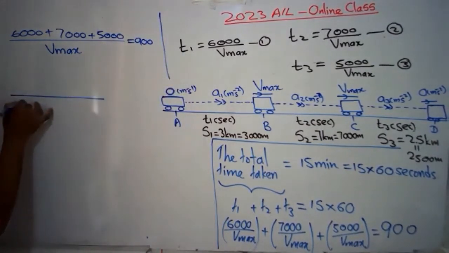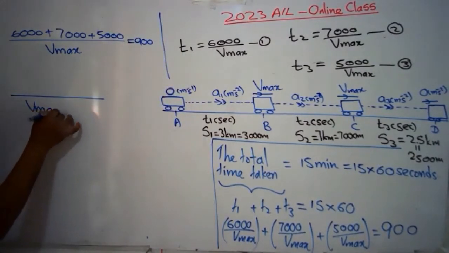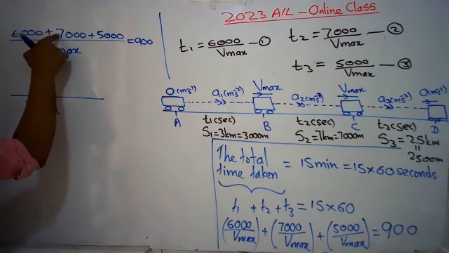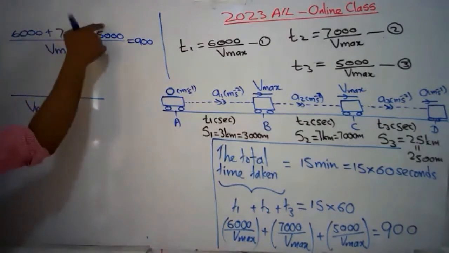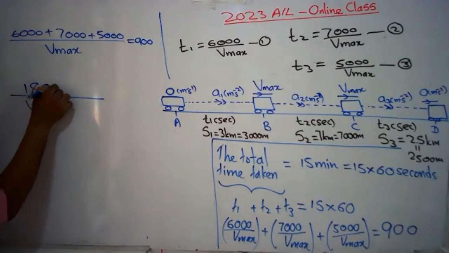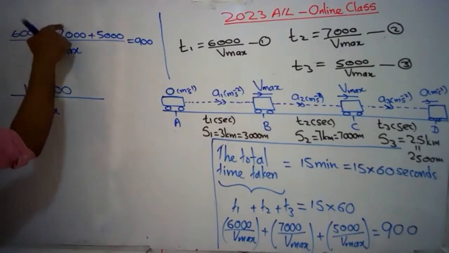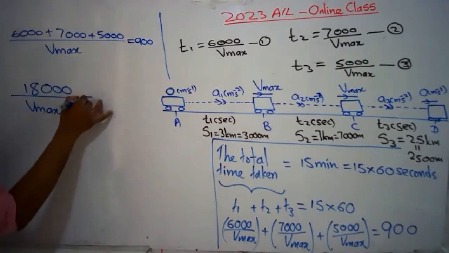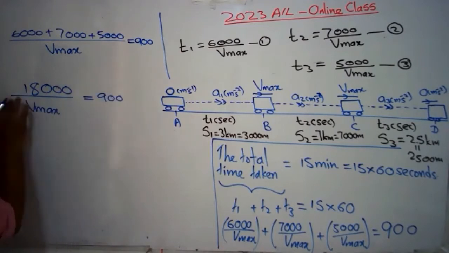So the common denominator is Vmax. 6000 plus 7000 is 13,000, plus 5000 means 18,000. If you add these three numbers, you will get 18,000 over Vmax equals 900.